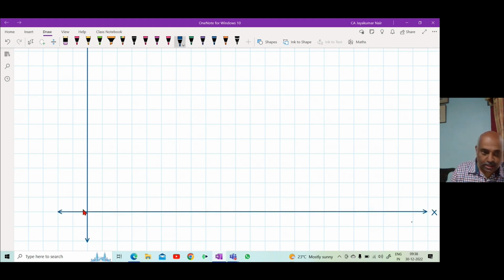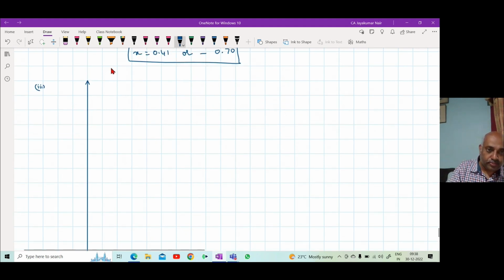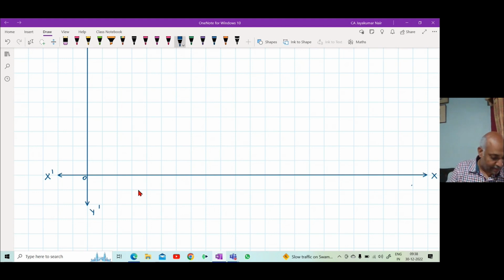So this is the x-axis. We have the y-axis. They have given you the earnings, what they are saying. It is 4,500.